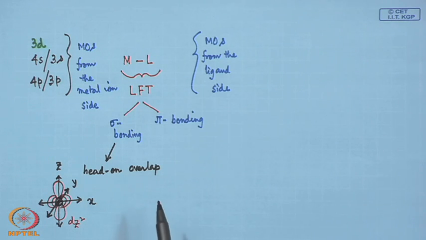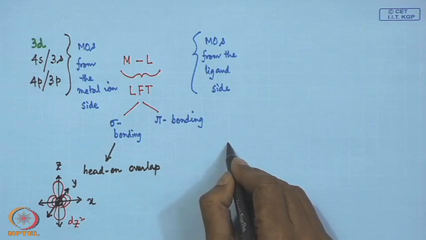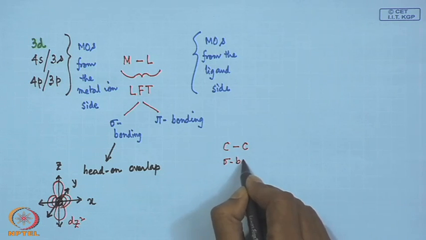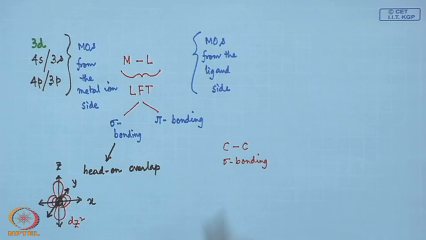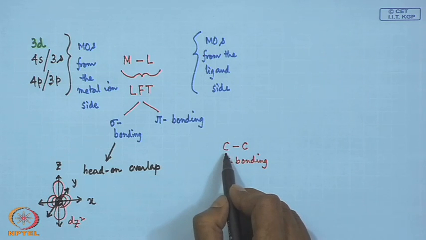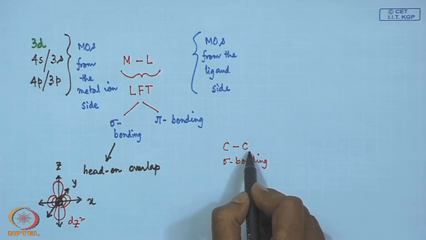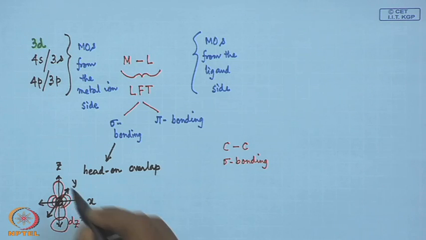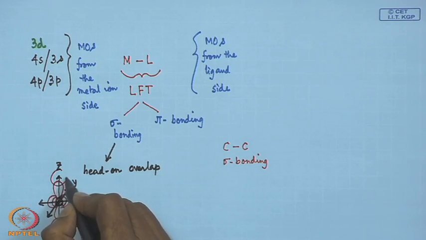and if this dz square orbital can interact in a head-on fashion, such as the formation of the C-C sigma bond, which we know how C-C sigma bonding can take place due to the head-on overlap from the corresponding hybridized orbitals from the first carbon atom to the corresponding hybridized orbital of the second carbon center. So, now we can simply place the corresponding molecular orbitals available from the ligand side.